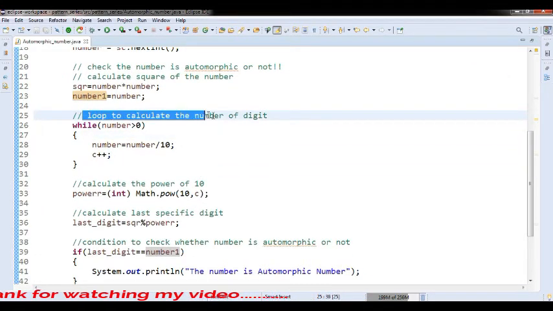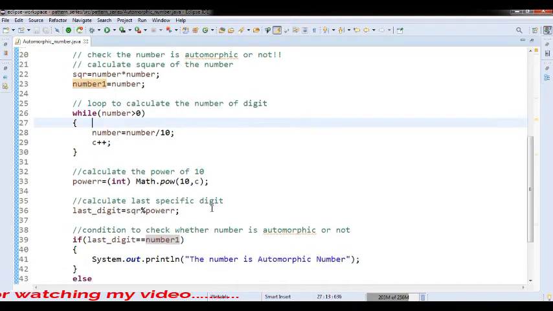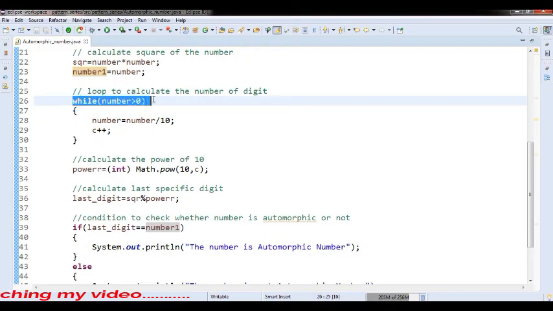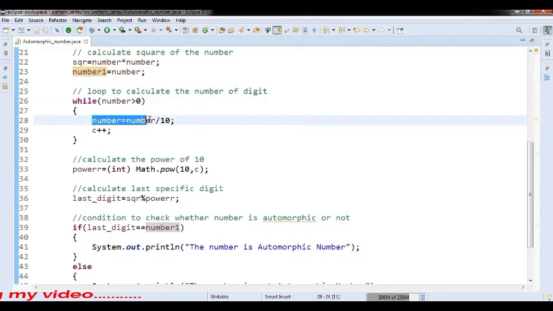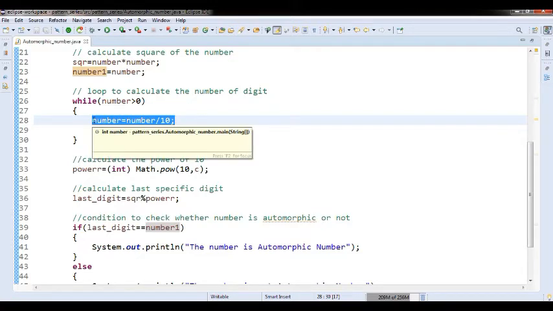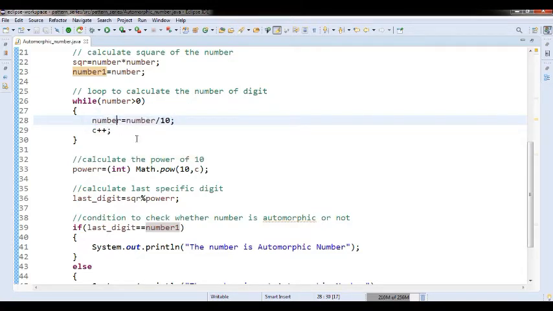Then a loop to calculate the number of digits: while number is greater than 0, number equals number divided by 10. It gives how many times it divides the number, and every time the value of number changes. Is that clear?